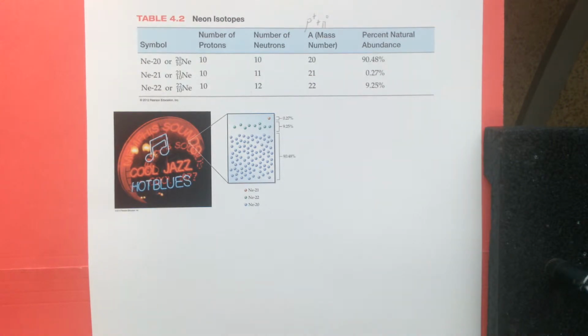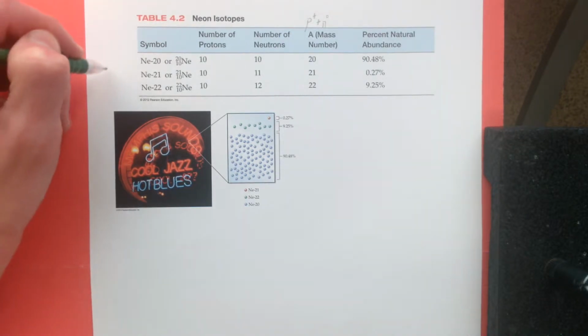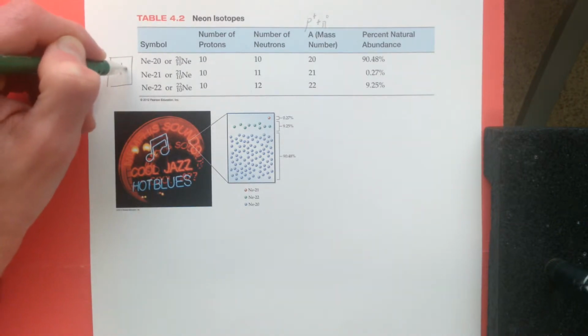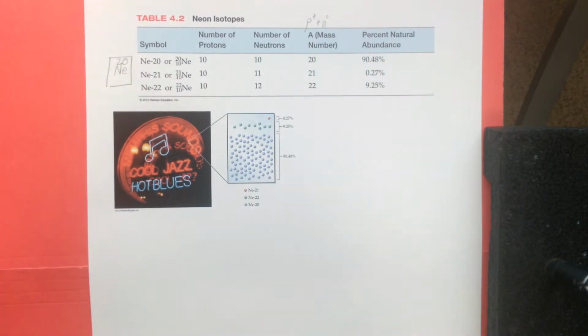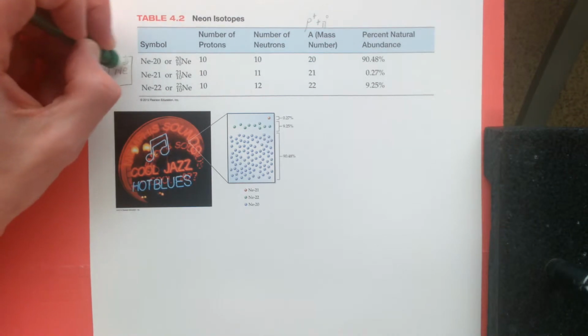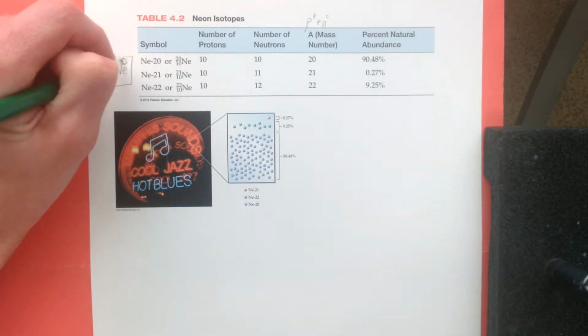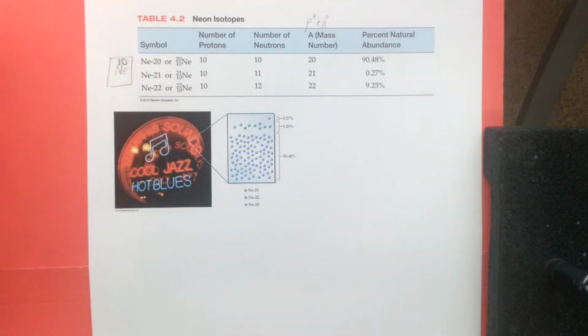charge on a neutron. Okay, so when we look at the periodic table for neon here, you always see two numbers on the periodic table for each element. You see the symbol Ne, and then you see its atomic number, usually on the top in the box, so 10 here.